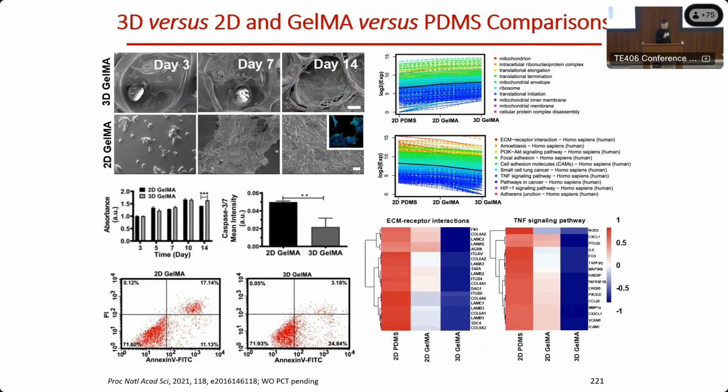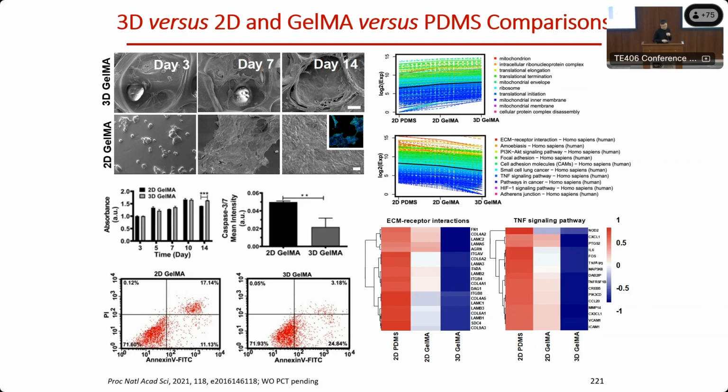I won't go into everything here, but I want to emphasize two points. One is that if you compare our 3-dimensional GelMA-based model with a 2-dimensional gel of the same material and same stiffness, you see differences. In our 3D GelMA model, the geometry matters because the cells populate the entire surface of the scaffold without leaving any empty spaces. On the 2-dimensional GelMA, you only see patches, and the cells can't connect into a confluent layer on a 2-dimensional surface.